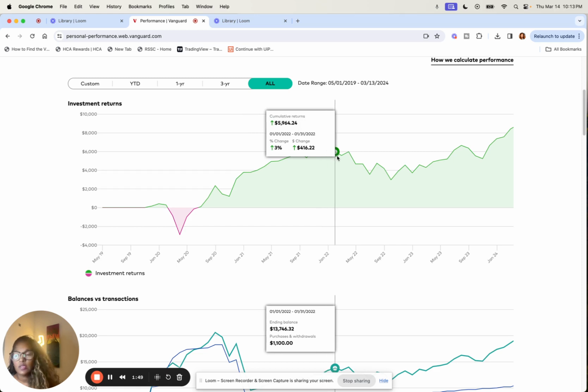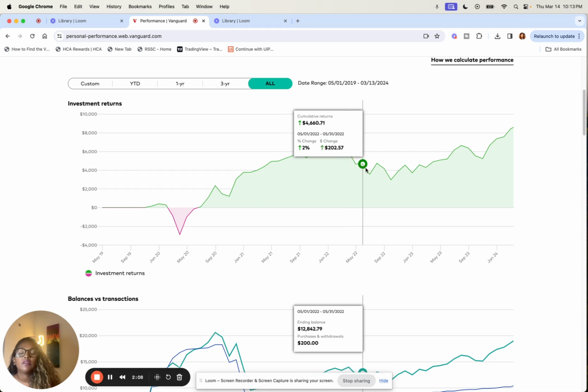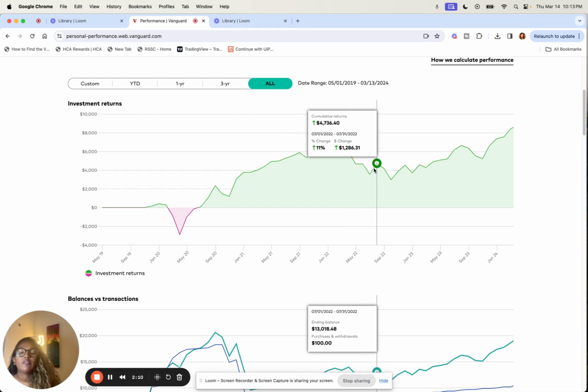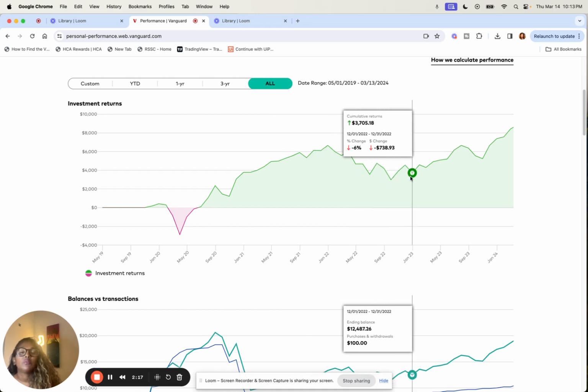This is passive investing, not having to be in the market every day trading accounts. This is just a set it and forget it type of account that you can have. So I will come down here and follow along the graph to show you the results of where it's at.